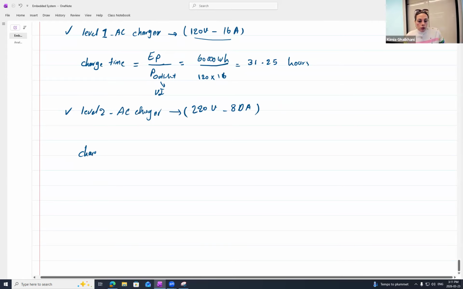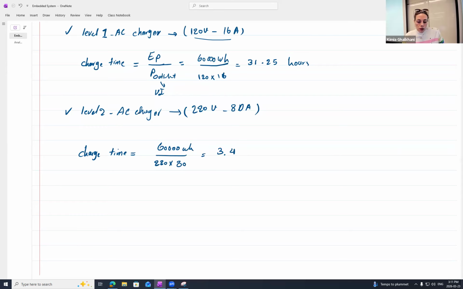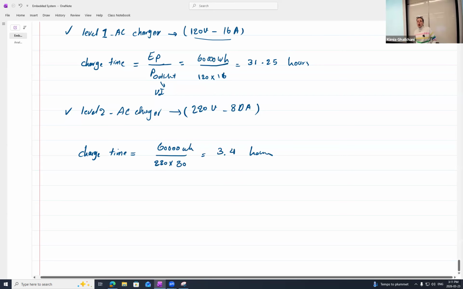I'm gonna repeat, but the numbers are gonna be different. Charge time in here is going to be 60,000 divided by 220 times 80, which is going to be fast charging. It takes almost 3 and maybe 3.5 hours or so, almost 3.4.